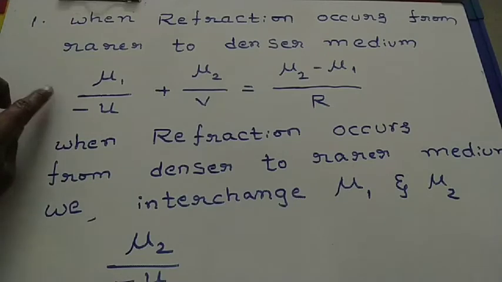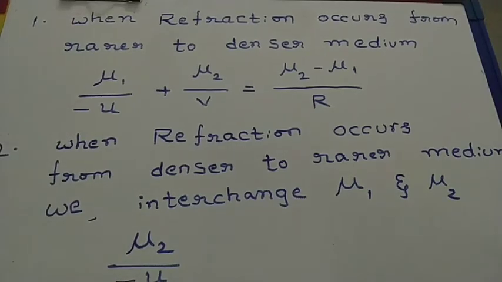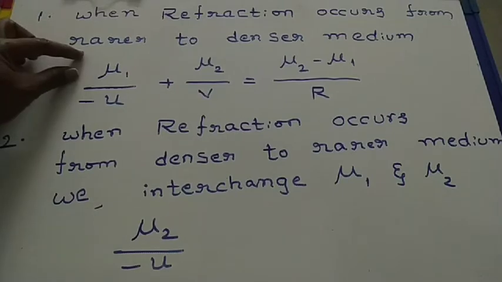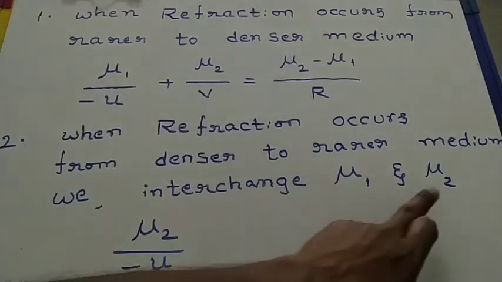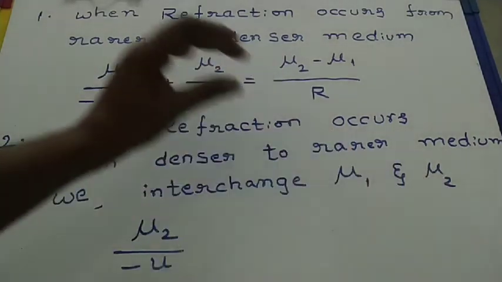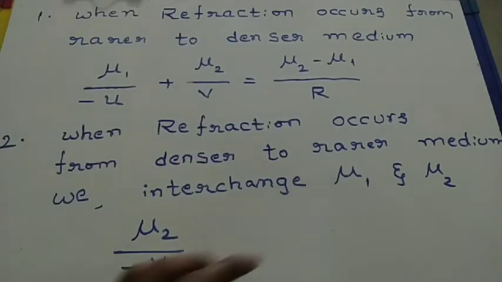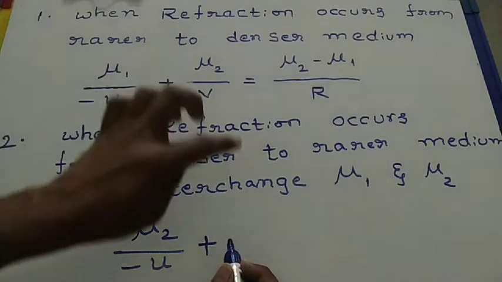Please observe carefully this formula. In the place of mu1, we are going to substitute mu2. In the place of mu2, we are going to substitute mu1. That means plus, what is mu2 here?